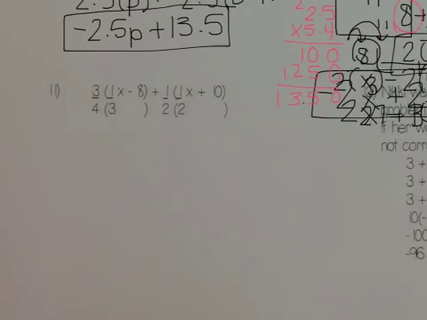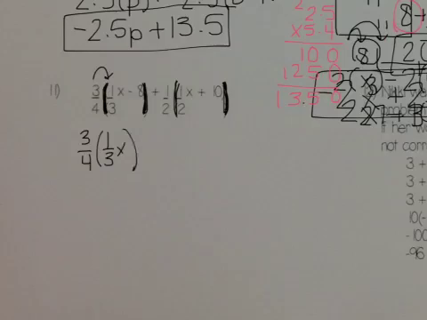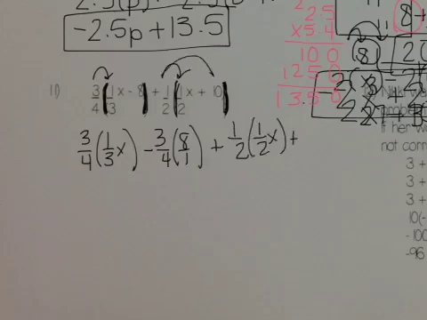With number 11, I couldn't make a big parenthesis with the computer, so pardon me for it looking kind of ugly. So what we have to do here is we have to distribute. We're going to do 3/4 times 1/3 x minus 3/4 times 8/1. Plus then we have to distribute our 1/2 times our 1/2 x, plus we have to distribute our 1/2 times our 10/1.